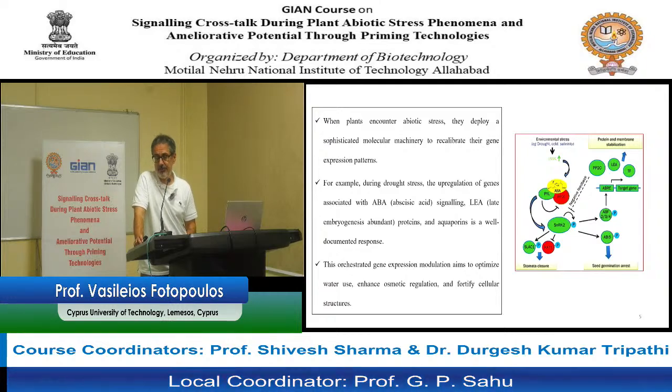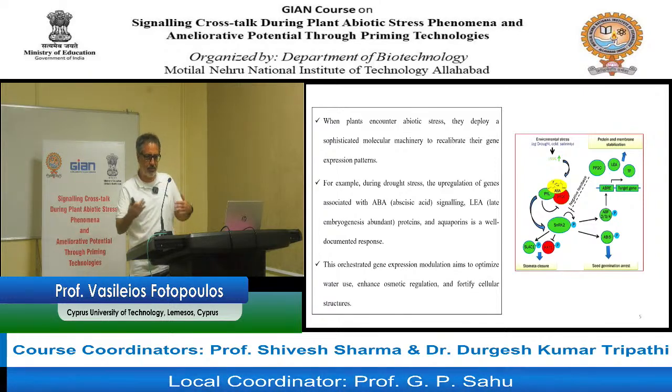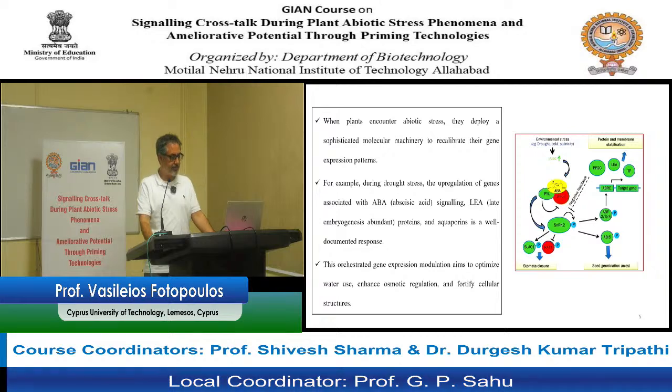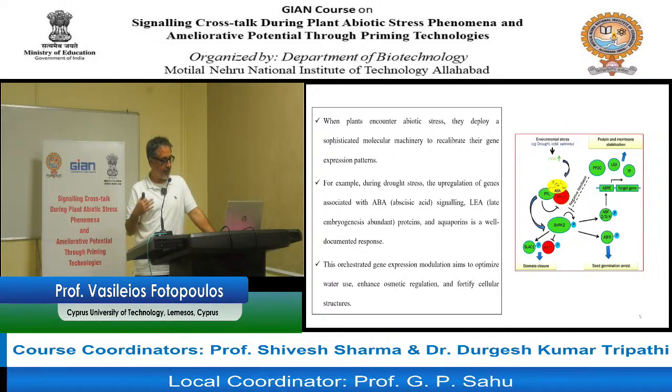All types of stress related to osmotic shock, but also in the case of oxidative stress, we've seen that water balance is also part of the process. So this coordinated gene expression modulation ultimately aims to improve water use in the cell, enhance the osmotic regulation, as I mentioned earlier, and to fortify the various cellular structures.